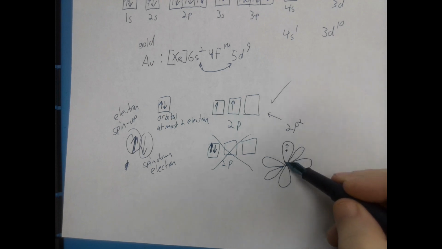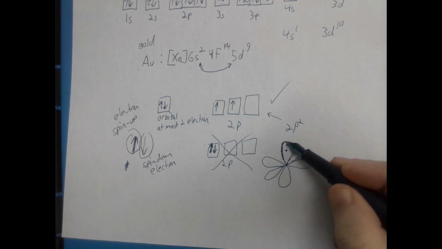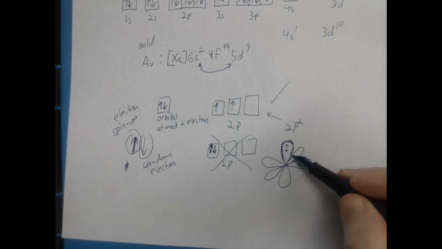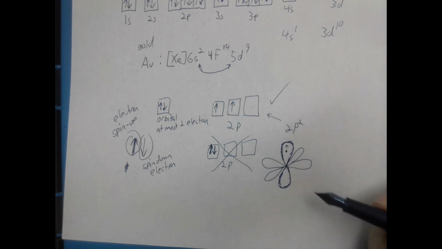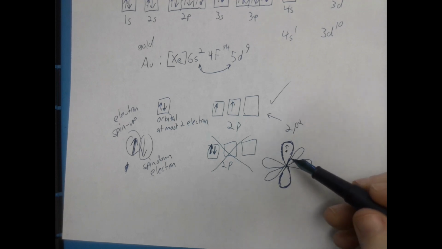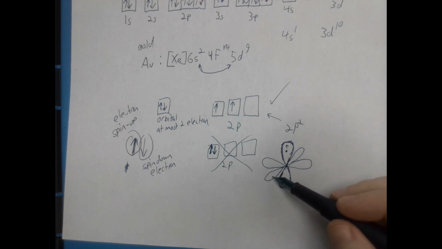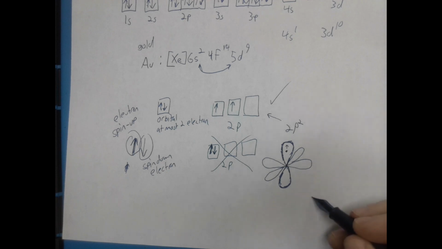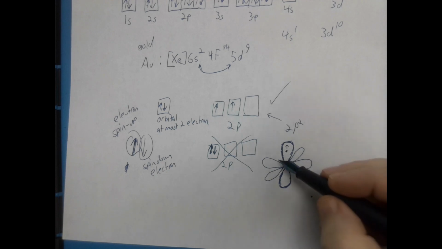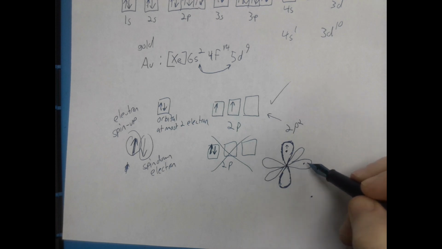And this whole thing right here is one orbital. Hund's rule states that when you add another electron, it has to go to another orbital, and it has to be spin up too. So when I add another one, that has to go into another one, and it has to be spin up.